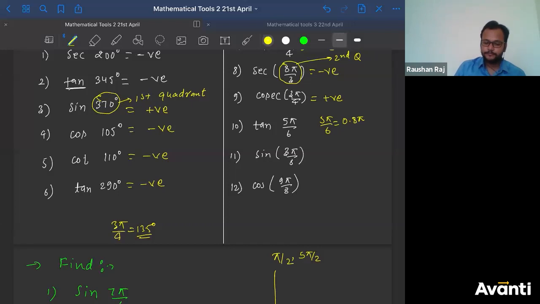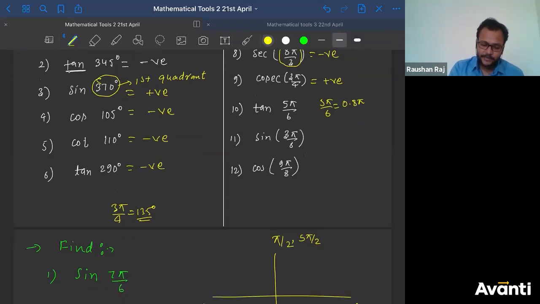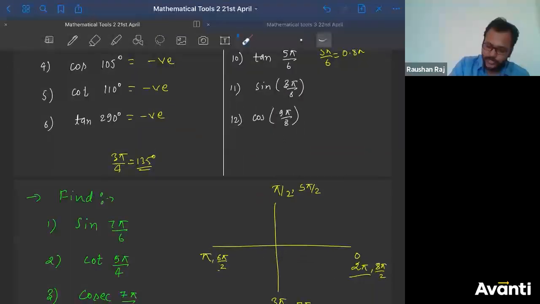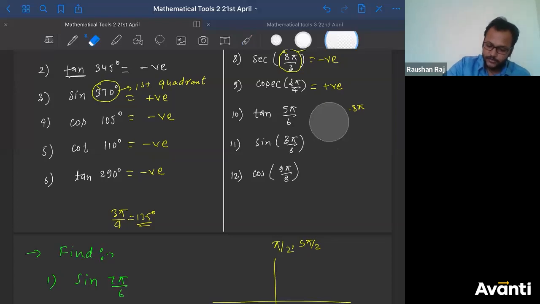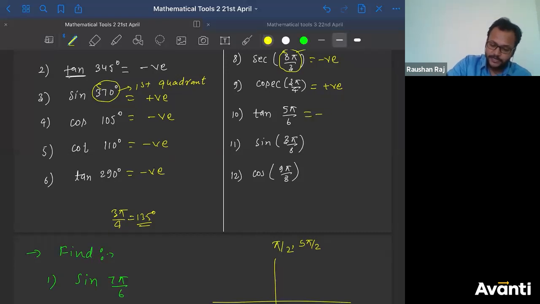This is 0.5 pi, and this is pi. So 0.8 pi will be somewhere here. That is nothing but the second quadrant. In second quadrant, cosec and sine will be positive. We are having tan here, so I have to put a negative sign here.